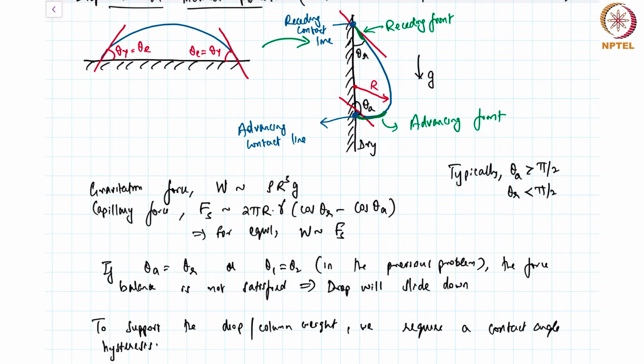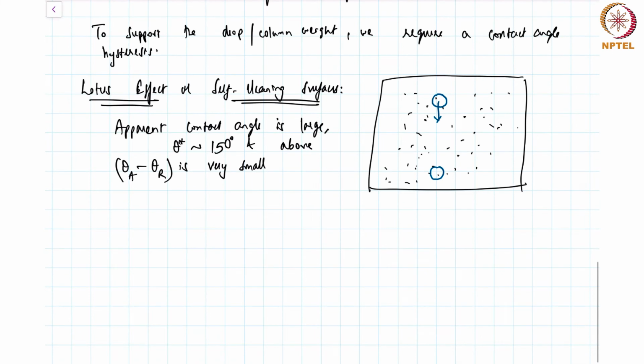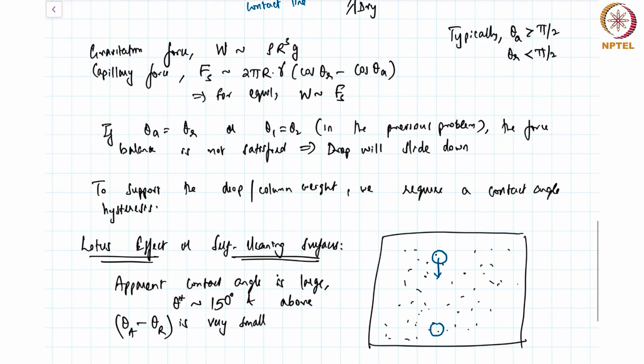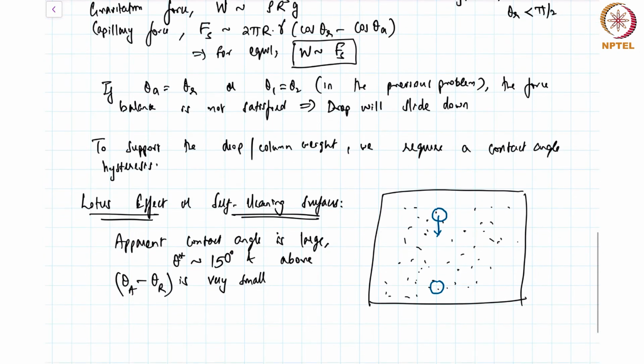Now we have to write down Newton's laws, where the acceleration terms will be equal to the gravitational force, and of course there could be other forces such as retarding forces such as viscosity and so on. But this force balance that we wrote down certainly will not work. I'm highlighting this force balance in the box. This won't work. So if you want self-cleaning surfaces, you not only require a large contact angle, you also require surfaces with a very small contact angle hysteresis.